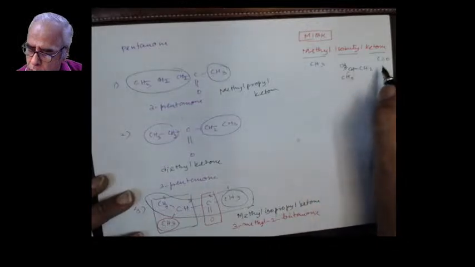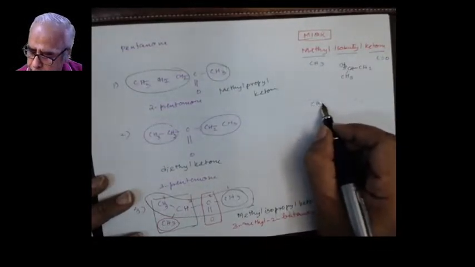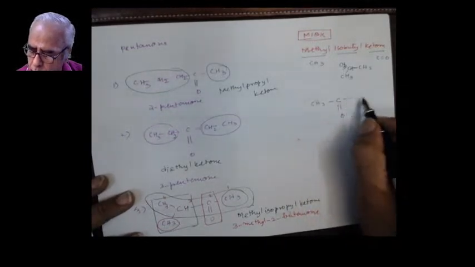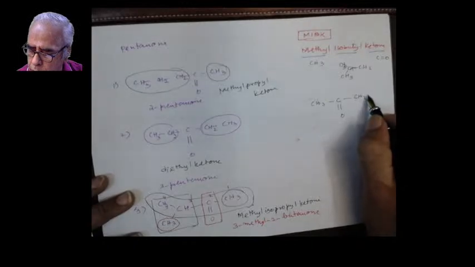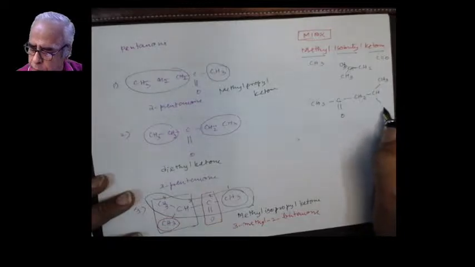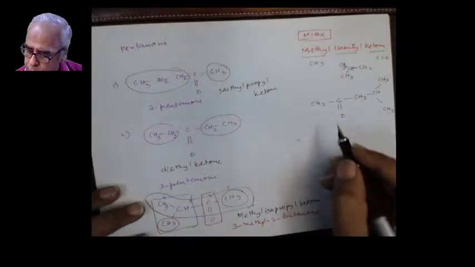Now the methyl group CH3, C double bond O, CH2, CH, CH3, CH3. Are you able to follow? Now let me write down the IUPAC name for this.